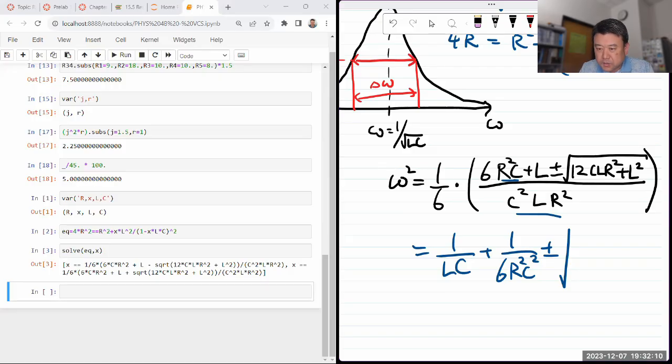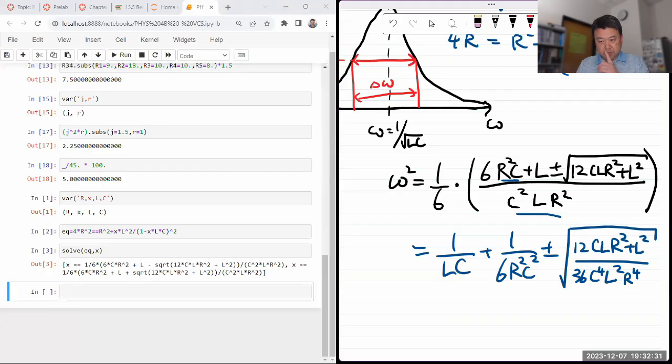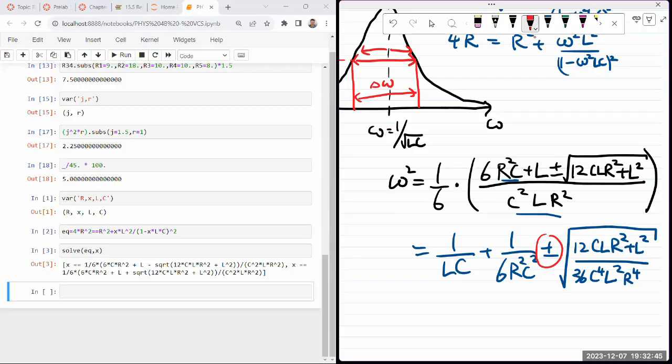It'll be 12 CL R squared plus L squared over 36, and then all these things are squared, so it'll be C to the 4th power, L squared, R to the 4th power. Yeah, and this is what I want you to mainly demonstrate. When you look at this plus minus, this is basically what's giving you the right side and the left side of that delta omega.